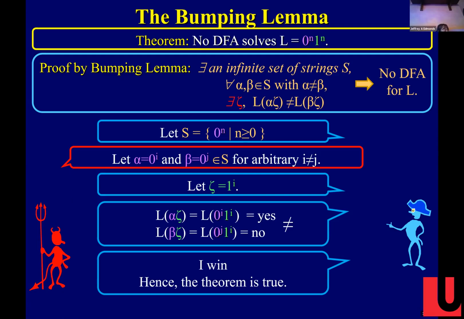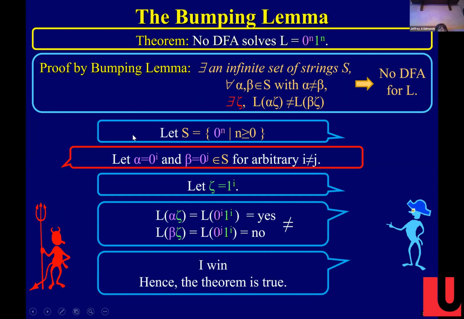So what are you going to have to do on the test? Guaranteed, this is going to be on the test. I'm going to give you some language like this, and your goal is to prove that no DFA can solve it. How are you going to do it?